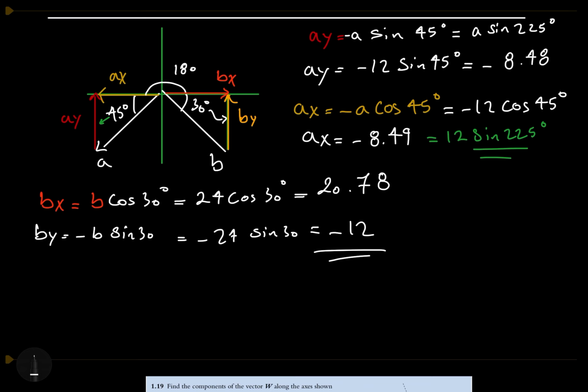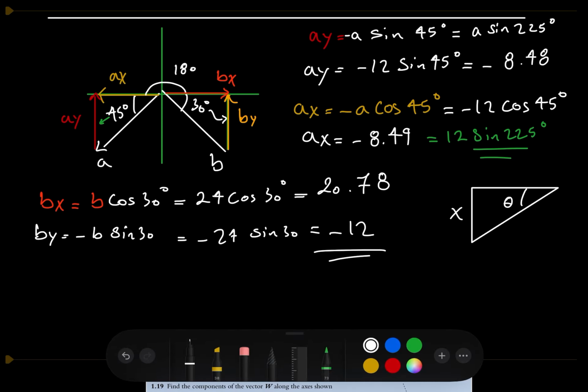Now, if you're wondering how I'm getting the fact that the opposite side always takes sine and the adjacent always takes cosine, that's from SOHCAHTOA. You've previously learned that if you have a triangle, let's say if this angle is theta, and this side is x, and the hypotenuse is y, and then the adjacent is z.